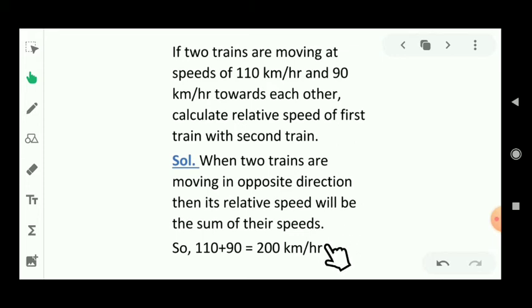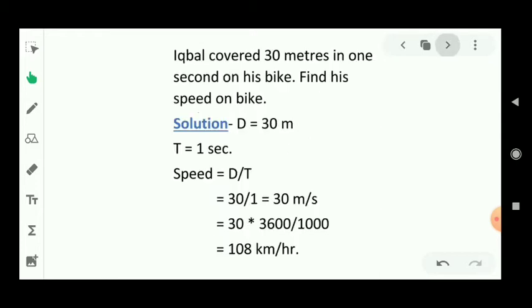That means 110 plus 90 km per hour, that means 200 km per hour. And when the trains are moving in the same direction, then their speeds will be subtracted. Let's see the next question.